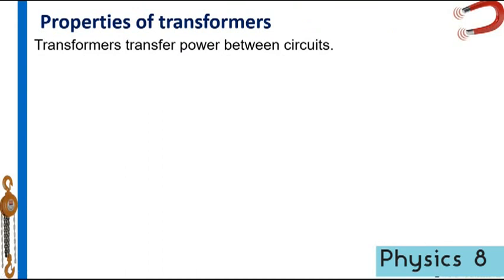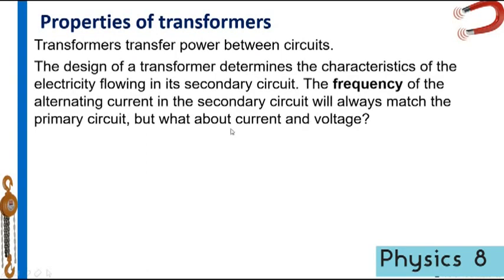Essentially, transformers transfer power between circuits which are not touching each other. And the design of a transformer determines the characteristics of the electricity which flows into the secondary circuit. Now, the frequency of the alternating current in the secondary circuit will always match the primary circuit. But what about the current and the voltage?